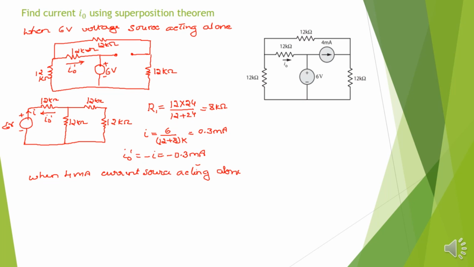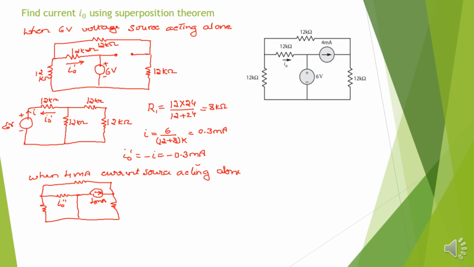The network becomes this 12 kilo ohms, this current source, this 12 kilo ohms, this is the short, and this 12 kilo ohms. This I will consider as I naught double dash. This is 4 milliamps. Now see, this source current, this is the starting point and this is the ending point.